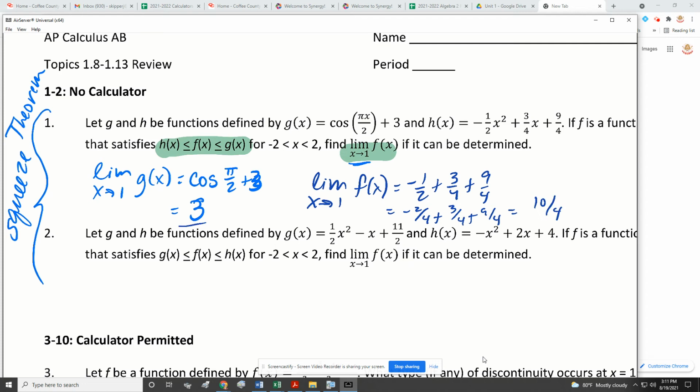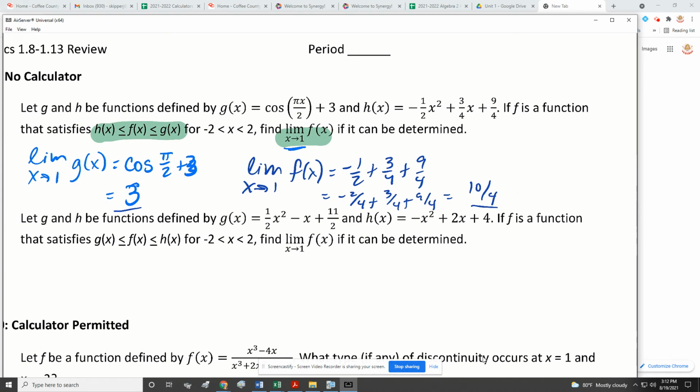Now, obviously, 3 does not equal 10/4. And so the answer you would choose would be cannot be determined. So I messed up. This should have been h. So that means the limit as x approaches 1 of f of x cannot be determined.